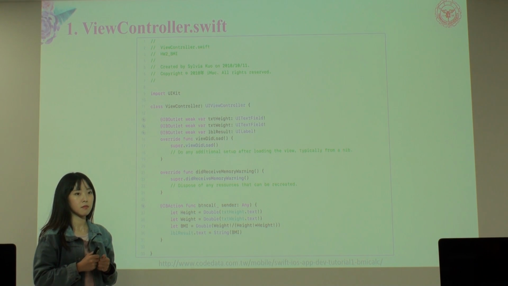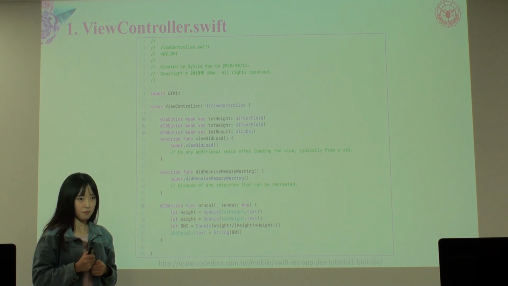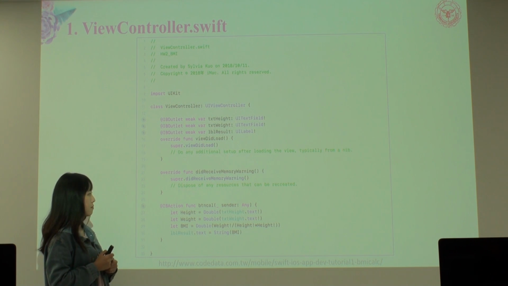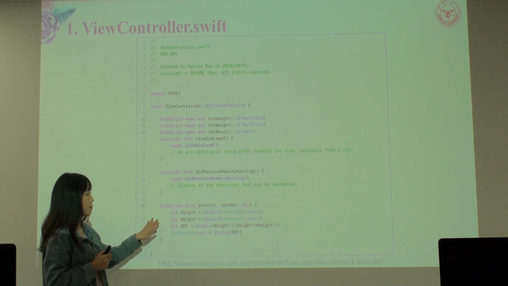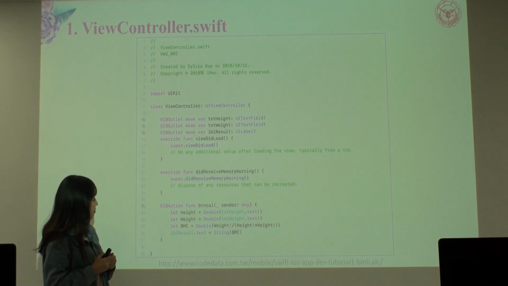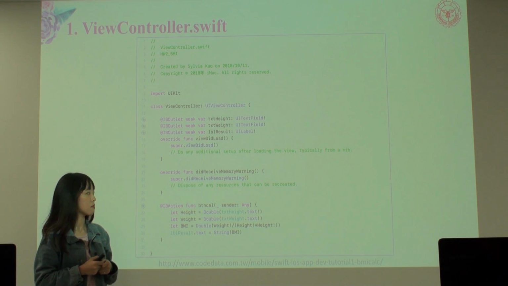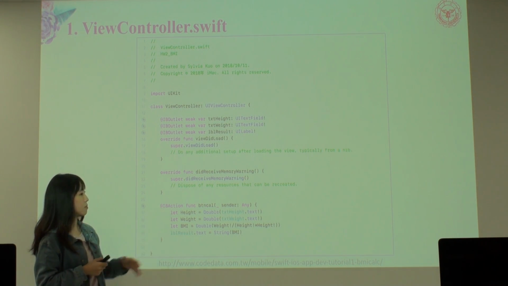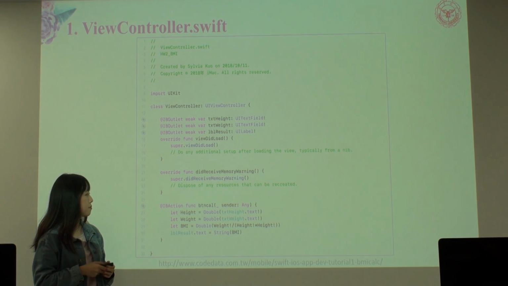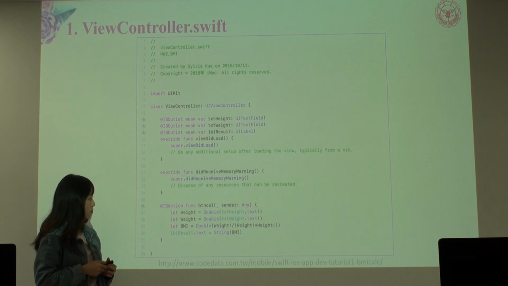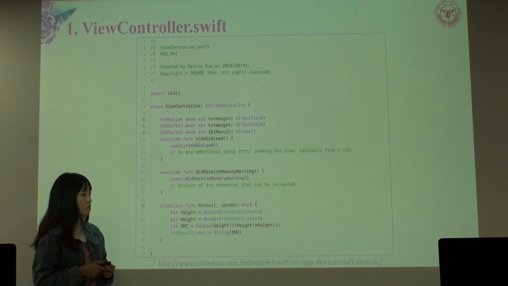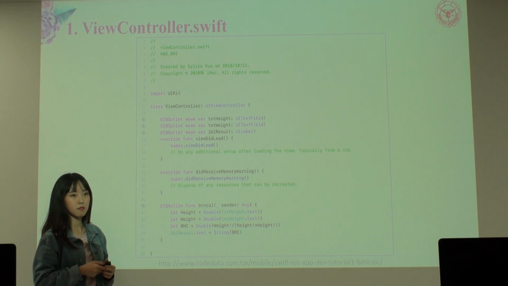The Swift programming language is easy to read, and also the IBAction, meaning that you design your logic. There are almost 4 lines of code. This declares a height, converting to double, and then calculates the BMI. So it is pretty easy, right?